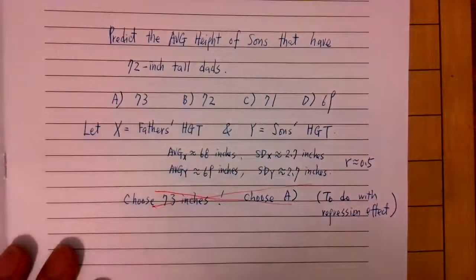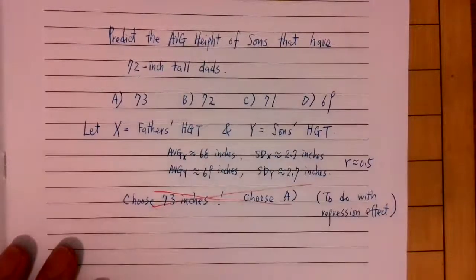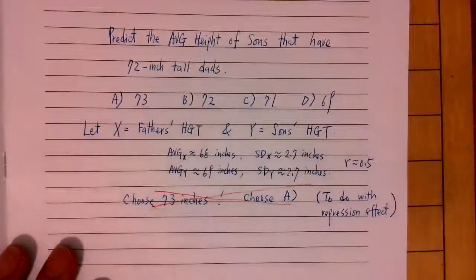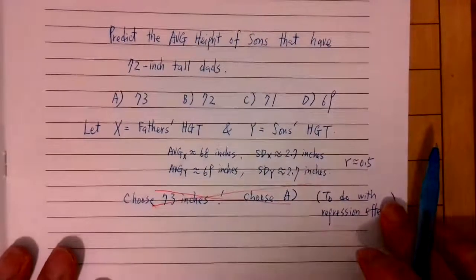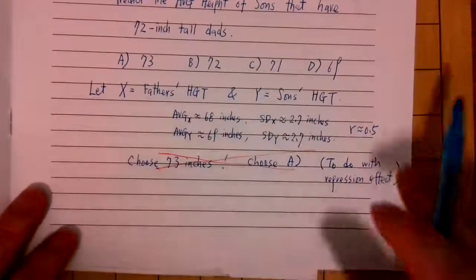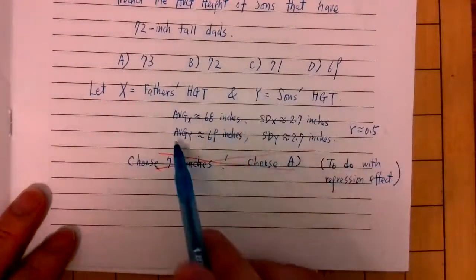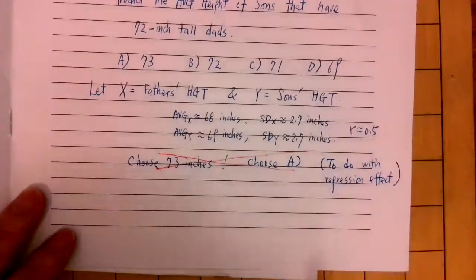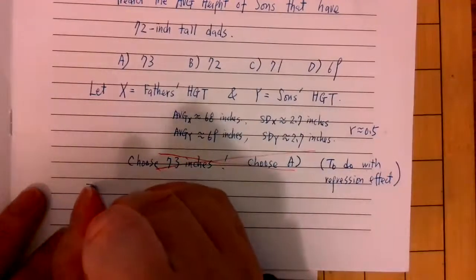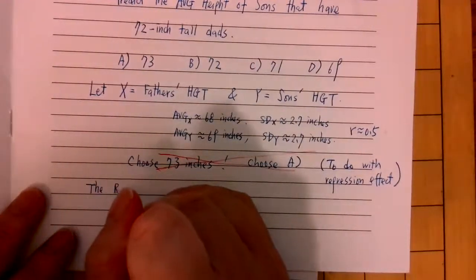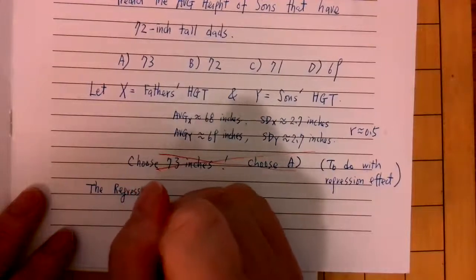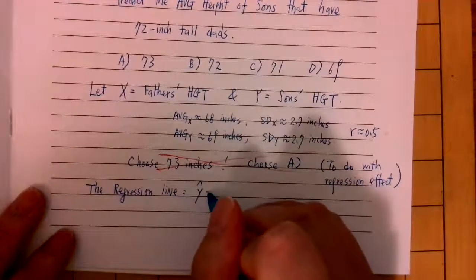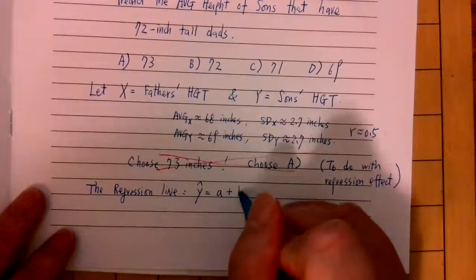Before I give you a very clear explanation of what the regression effect is, I want you, based on these five numbers, to find the regression line. Based on the five numbers: average X, average Y, standard deviation X, standard deviation Y, and the correlation coefficient, find the best prediction line, the regression line. Y hat equals A plus Bx.